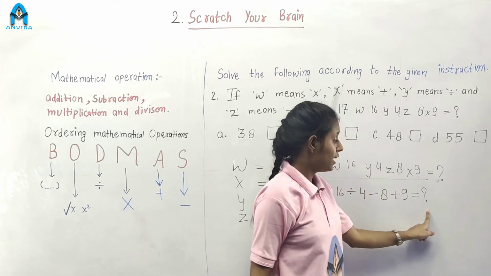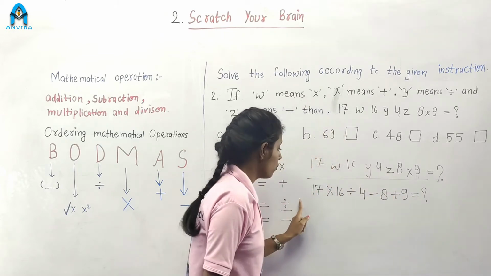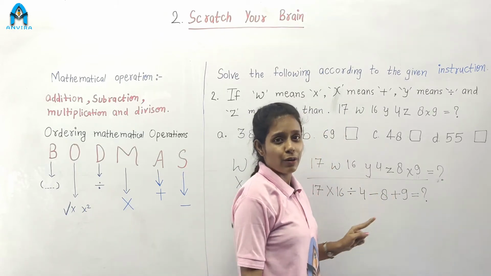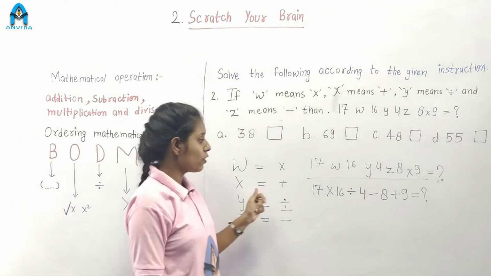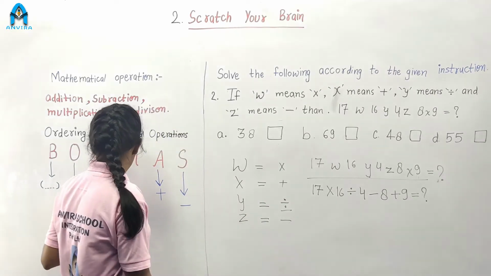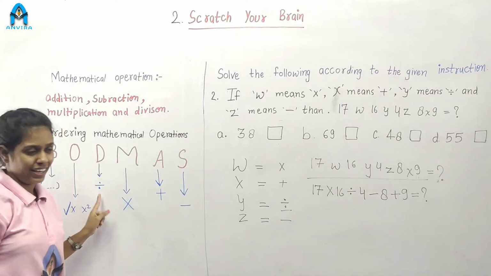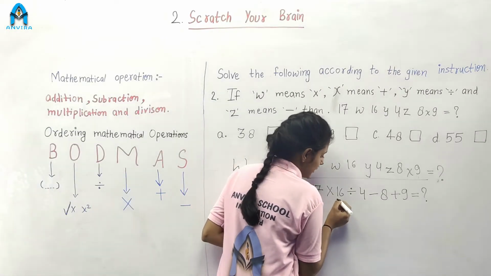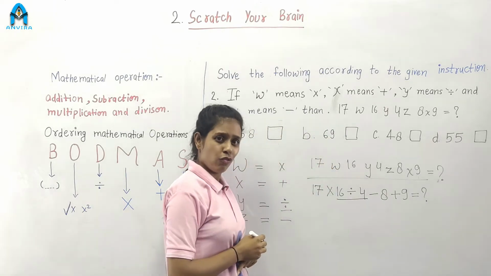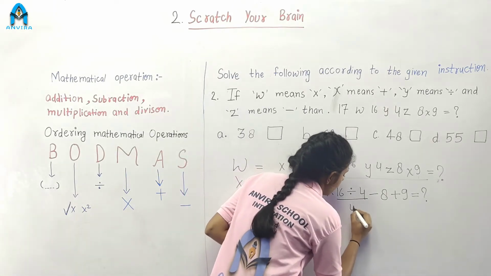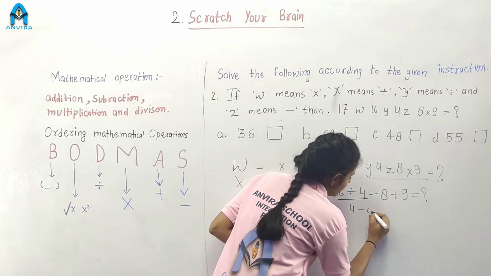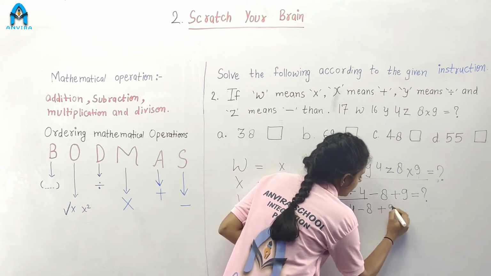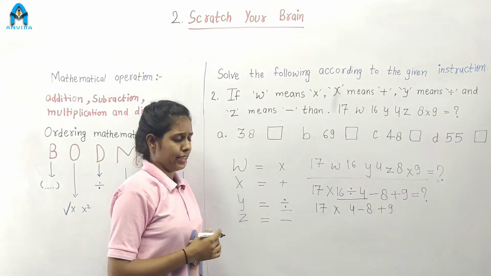We find the answer. So we have to solve this according to the BODMAS rule. First of all, we solve division. 16 divided by 4. The answer is 4. Multiply by 17, minus 8, addition and 9.